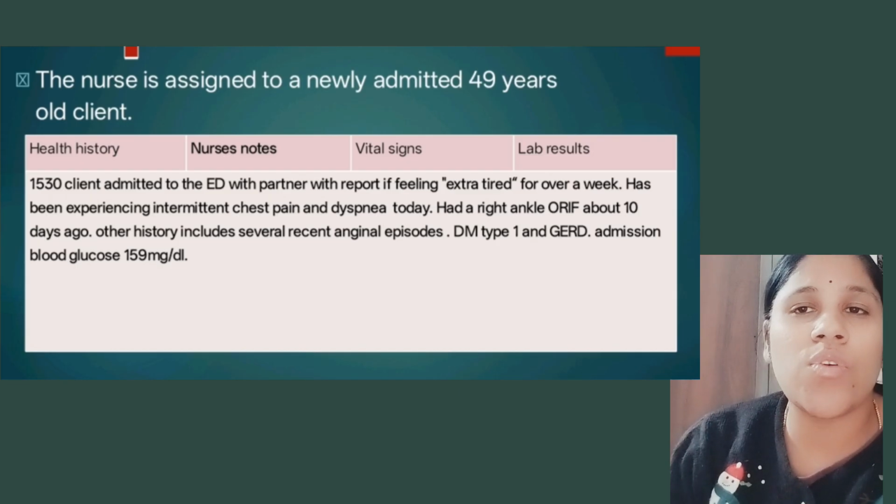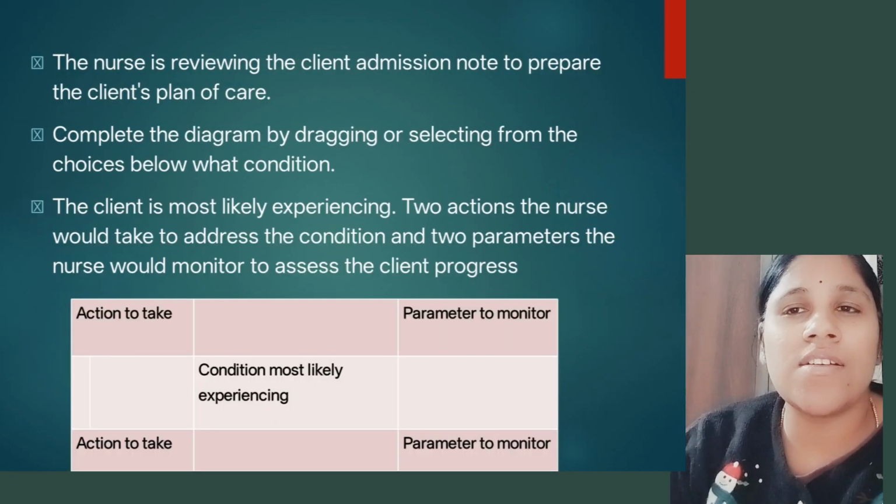So here the nurse reviews the client's admission note to prepare the client's plan of care. We are going to complete the diagram by selecting from the choices below what condition the client is most likely experiencing.